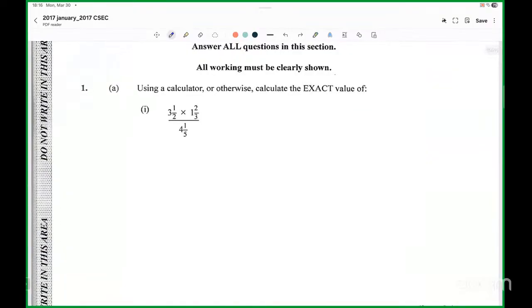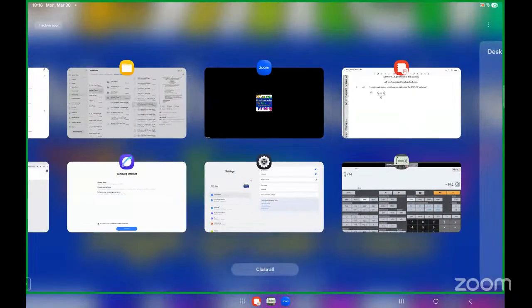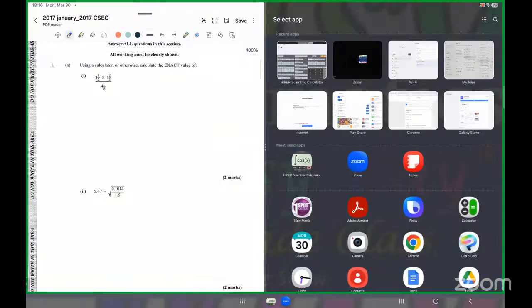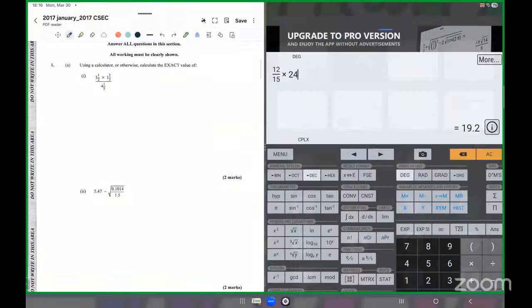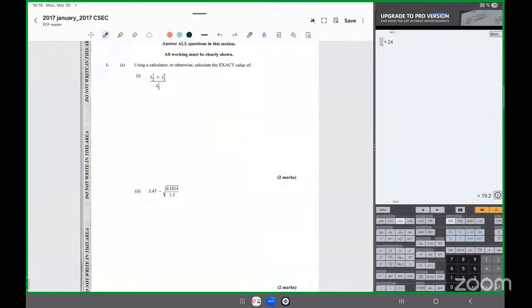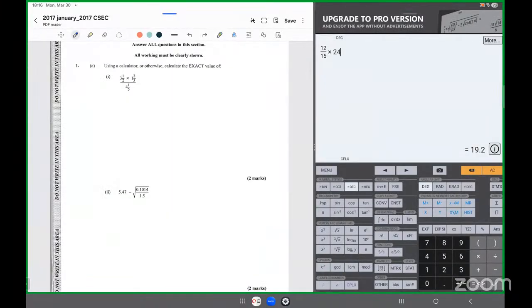Use a calculator to do this. Turn on the AC.